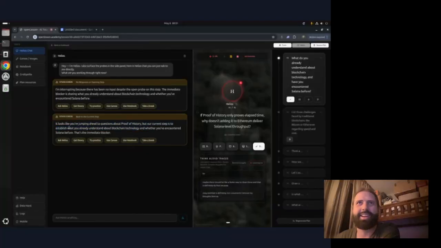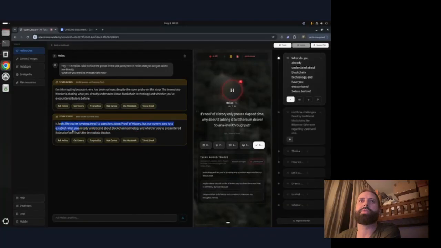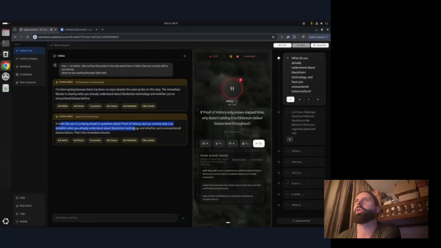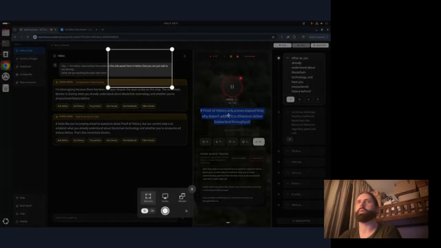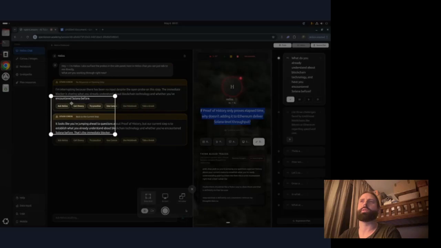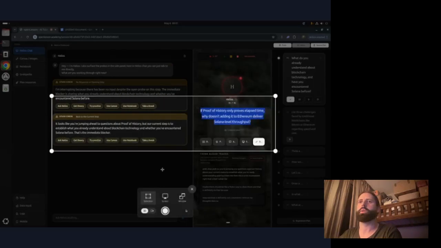Yeah. Okay, so the system says you're jumping ahead with a question about proof of history, and that your current step is to establish what you already understand about blockchain technology. Yeah, but then this is a bit inconsistent, right? Let me flag these because this is a new feature and it's bothering me a little bit.